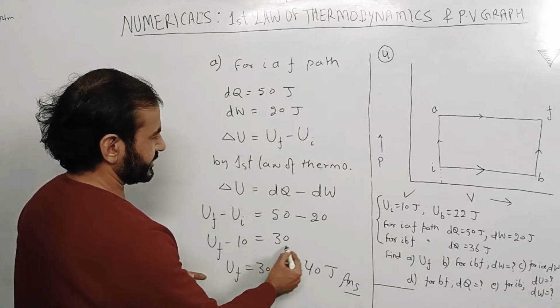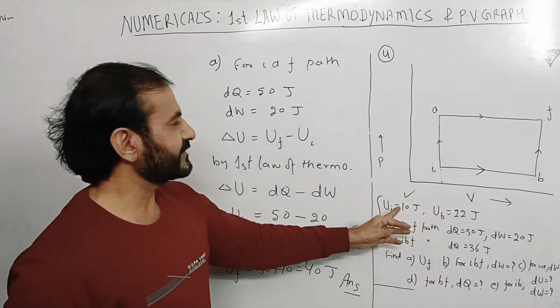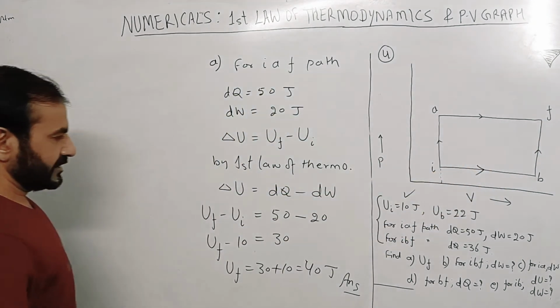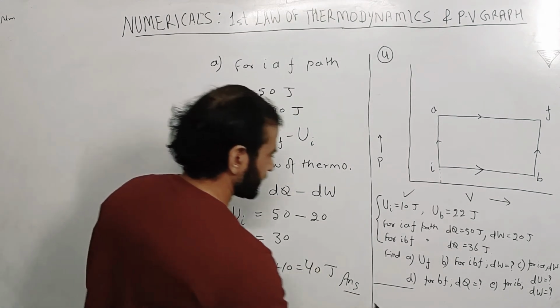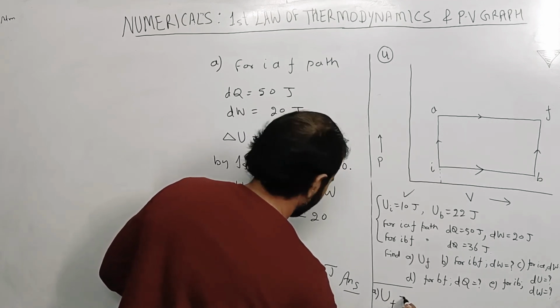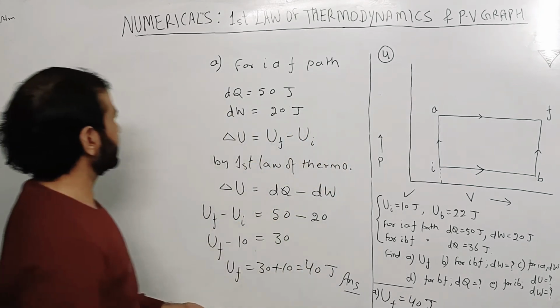You can take it, since UF is 40 and UI is 10, it will be 30 obviously. We can write here, first part answer is UF equal to 40 joule.